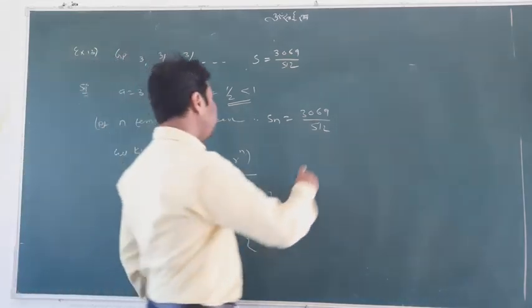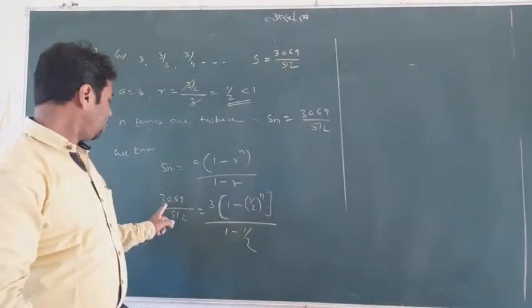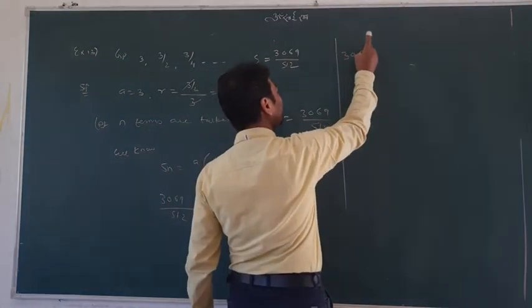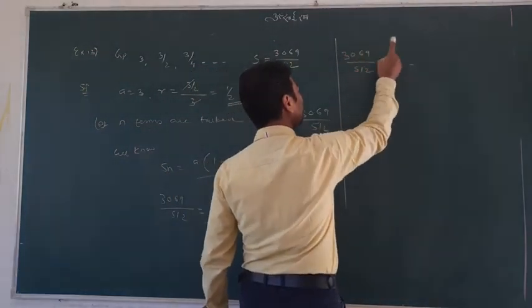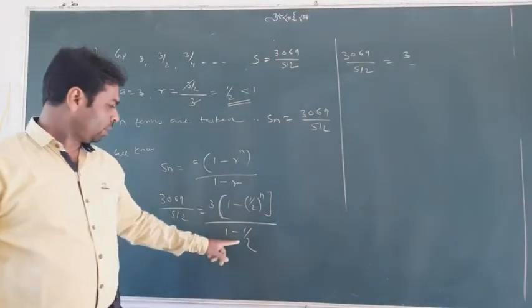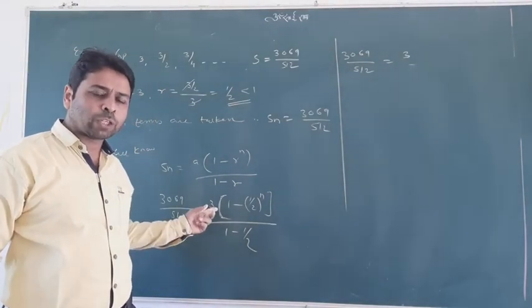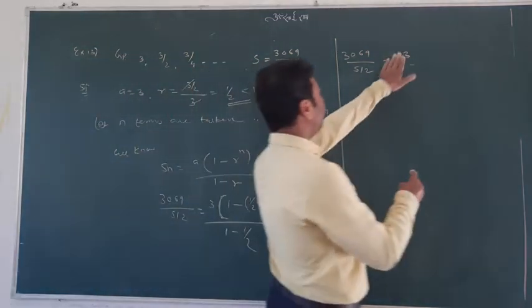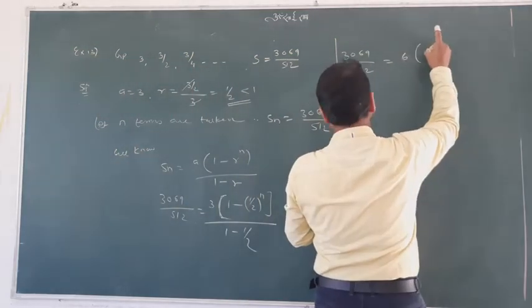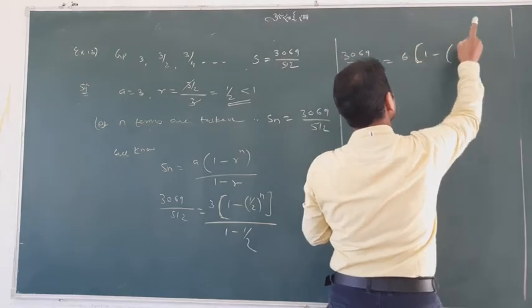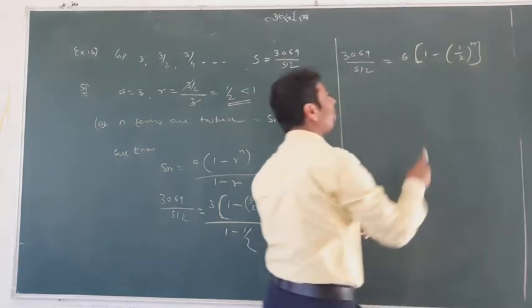Now I'll solve it. 3069 upon 512 equals 3. This 1 minus 1 by 2 will be 1 by 2. When it transfers upside, it will be 2 by 1. Times 1 minus 1 by 2 to the power n.